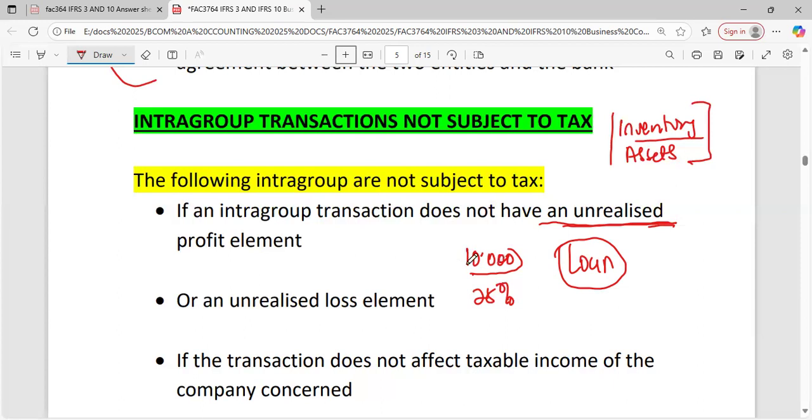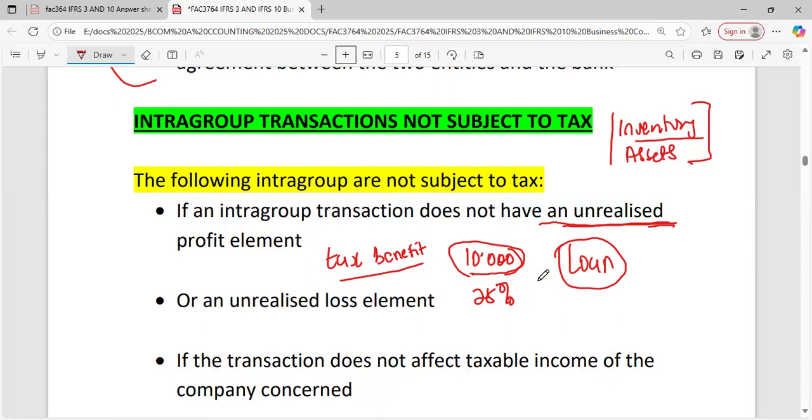If there is a loss instead of a profit, we call it a tax benefit. But at this level, I don't think it's going to apply. It's going to be a tax benefit instead of a tax expense because of that loss, but I don't think at this point you can apply that.